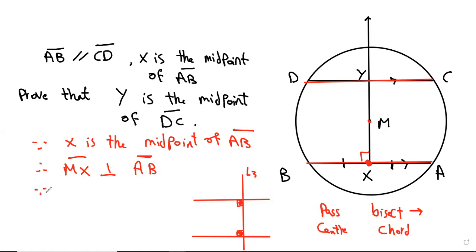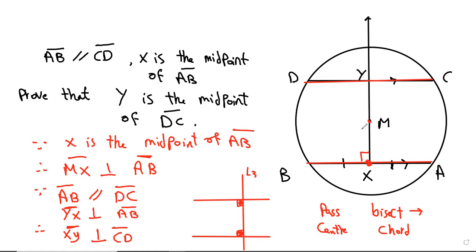So because AB is parallel to DC and YX is perpendicular to AB, XY also is perpendicular to DC, because they are two parallel lines. So here MY is perpendicular to DC.